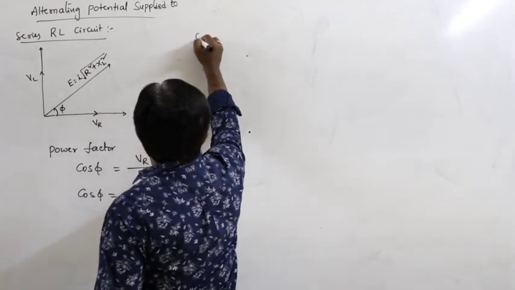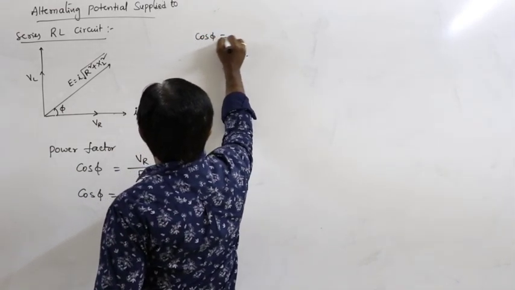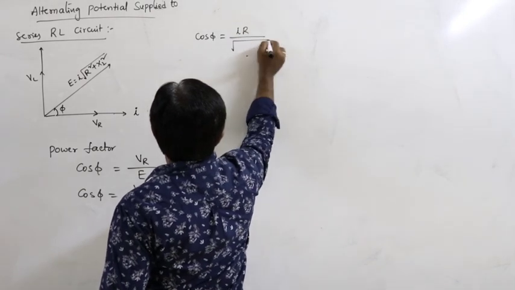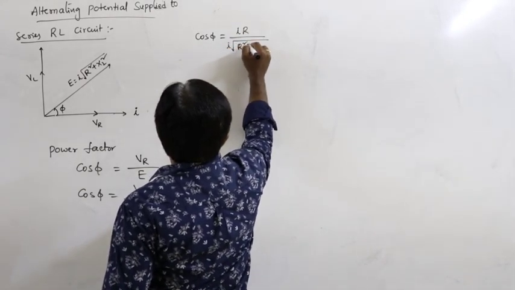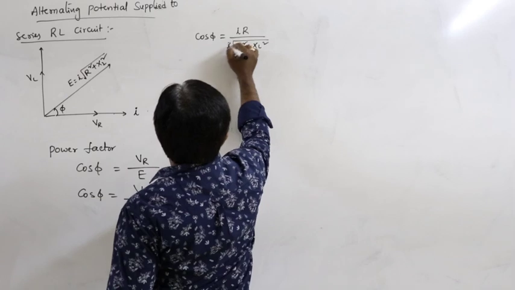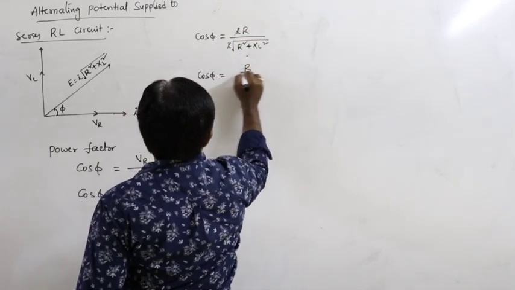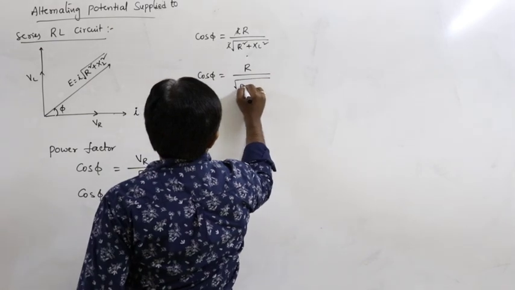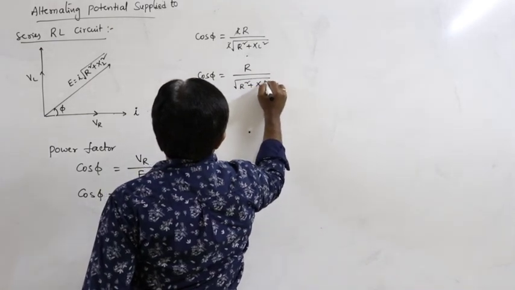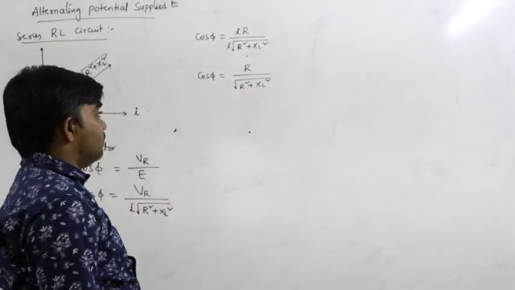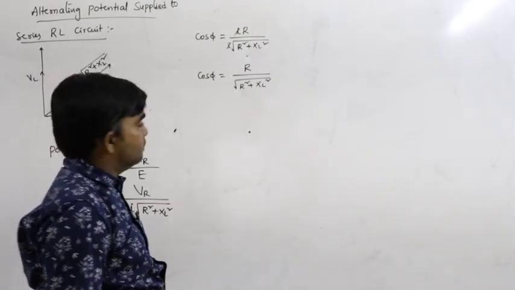So cos phi is equal to IR divided by I into square root of R square plus XL square. I gets cancelled. Cos phi is equal to R divided by square root of R square plus XL square.